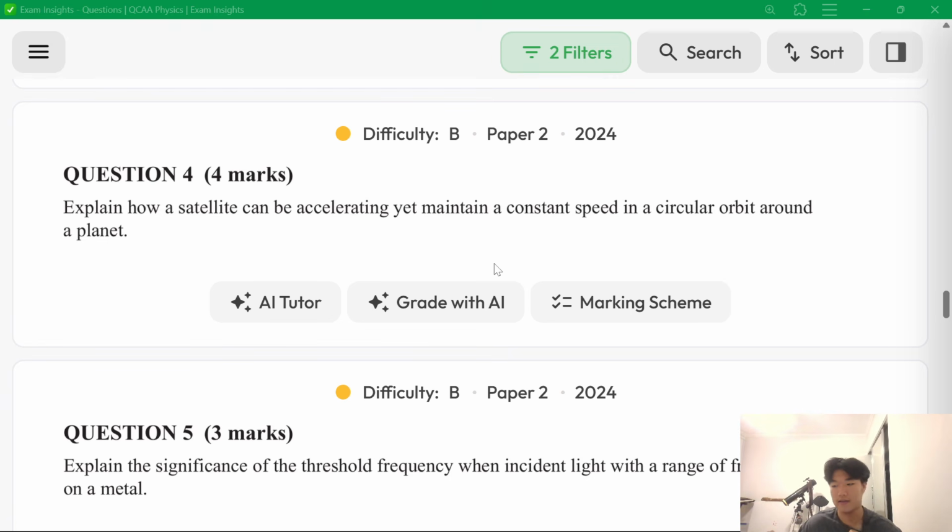But because it's acting radially inwards, the acceleration doesn't contribute to a change in speed because it doesn't have a parallel component to the tangential velocity. Rather, it's all perpendicular. So it only results in a change in direction, which then contributes to the uniform circular motion.